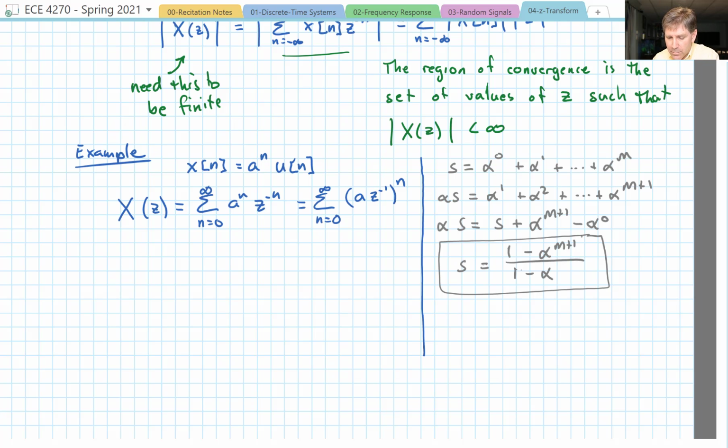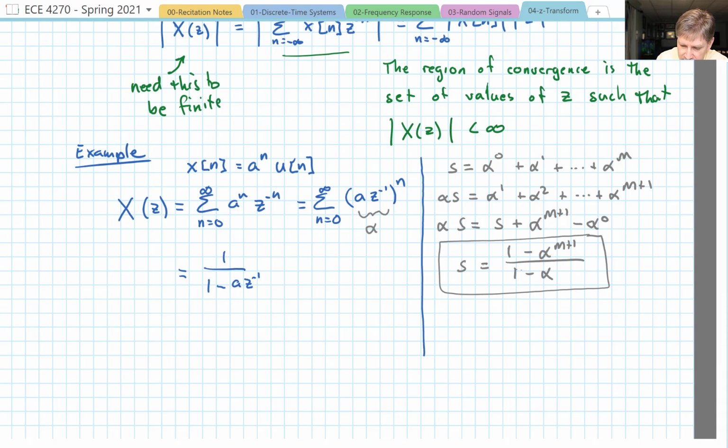So now back to here, we'll have alpha be our a times z to the minus 1. And so this is going to be just equal to 1 over 1 minus a z to the negative 1. Well, what happened to the second term, alpha to the m plus infinity?